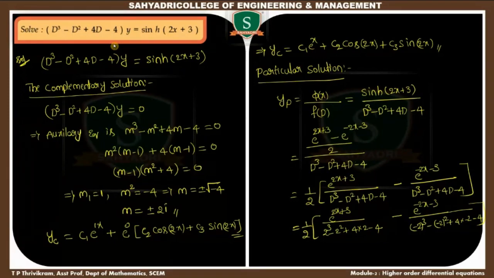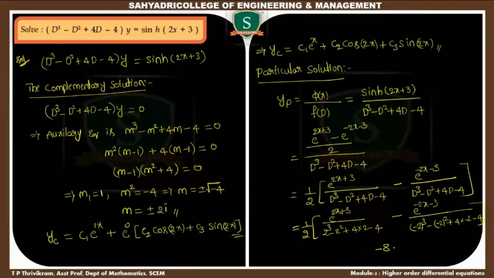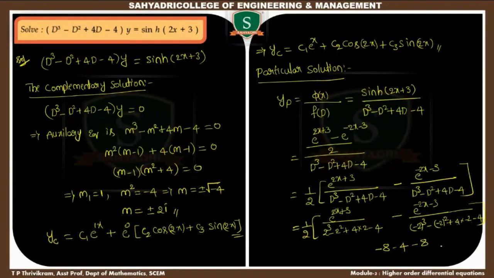Here, 2 cube, minus 2 cube means minus 8 you'll get. Here, minus 2 square means plus 4, right? So plus 4 into minus 2, you'll get minus 8, again minus 4. So you'll get minus 16, minus 8. So minus 24 only. Yes, sir.